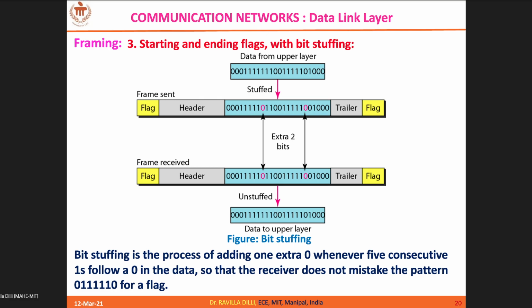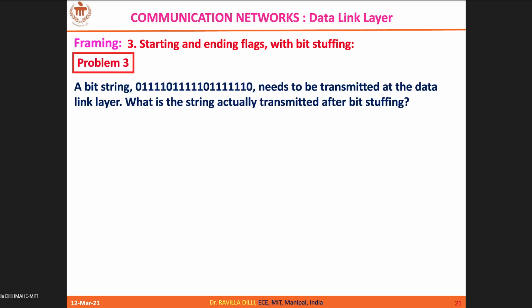The next technique, I think you can do this. When I ask you to make a frame, make sure that you append 01111110 at the beginning and 01111110 at the end. You should not forget that in order to make a complete frame. In our discussions, all that we have discussed is just the stuffing part.